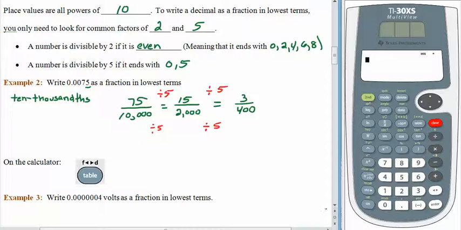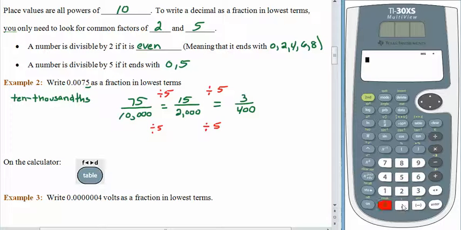Now, of course, your calculator can do this. You have a fraction to decimal converter key. That's what these two little arrows mean, sitting on your calculator, just a little bit down and to the left of the set of arrows. Let's see what happens. We have 0.0075, and we would like to turn that into a fraction.